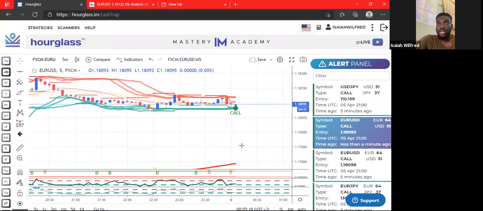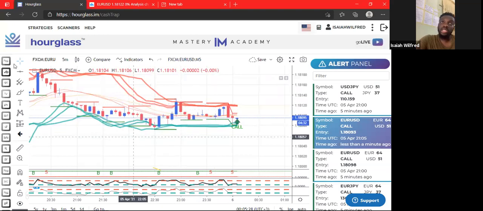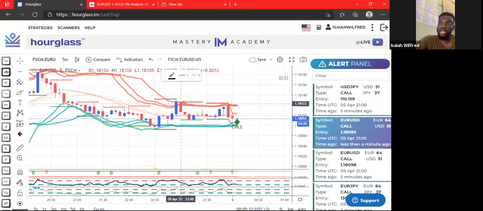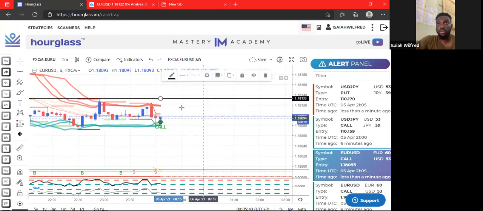Like I was saying, guys, once the bands are moving sideways, we are basically selling at the resistance. All these red lines you can see here are resistance points. What I like to do is put my horizontal line there and trace it up to the end.